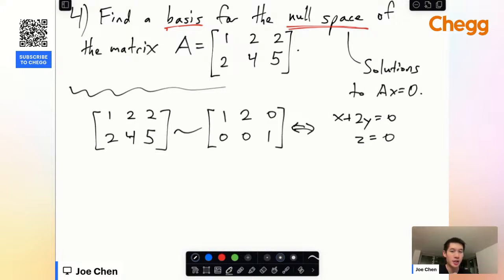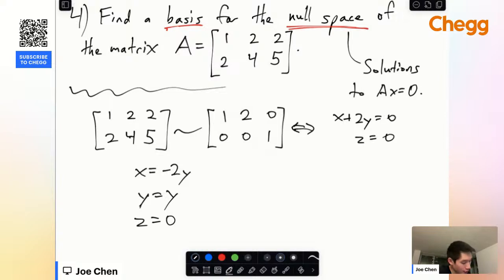My systematic way is I look at the pivots and I move everything that's not a pivot to the other side. So here we get x equals minus 2y. And for any variable that is not a pivot, I write y equals y to indicate that it can be anything. And then here I have z equals 0.